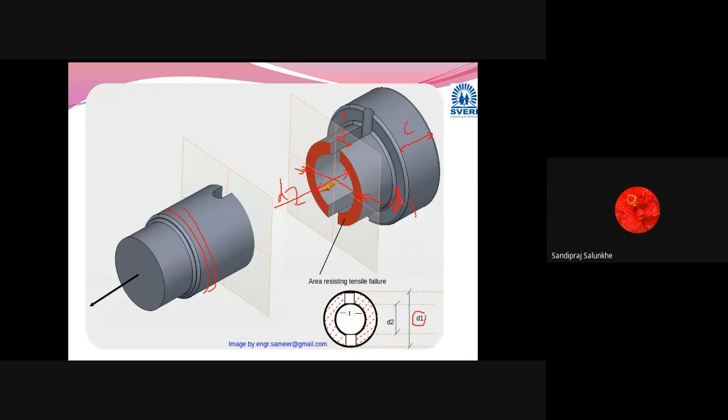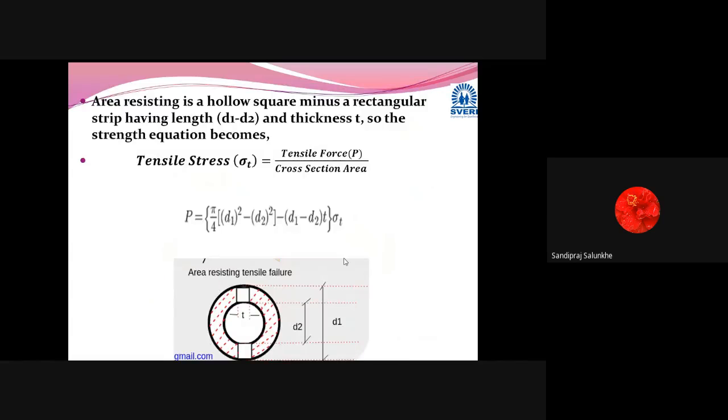So how much area is sustaining the applied load at this plane which we have drawn? This red area is going to sustain all the tensile load which is applied on this socket. So that much area we have to consider, because when we calculate the stress, the tensile stress sigma T is equal to the tensile force applied divided by the cross-section area which is sustaining that tensile force.